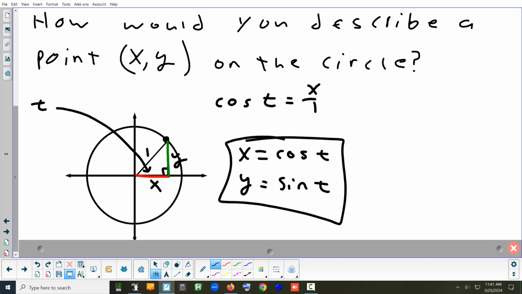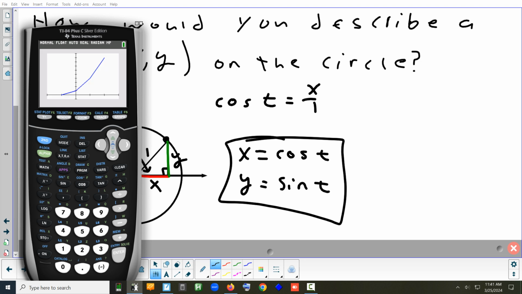All right, let me just put that in and show you what it looks like. Now, what did I just say the radius was? 1. Yeah. T. All right, let's try zoom square, because we want this to look like a circle, and the screen is not a square.